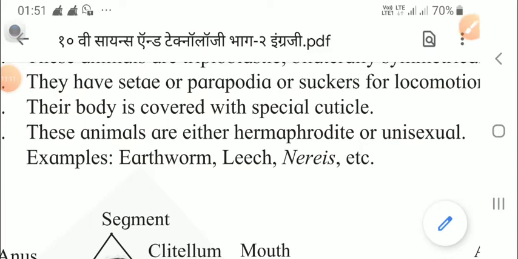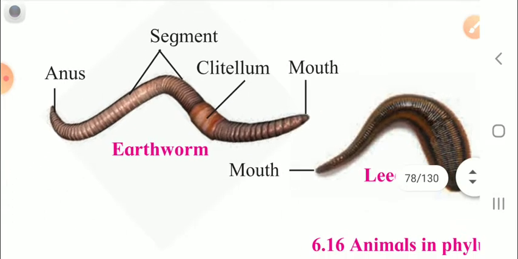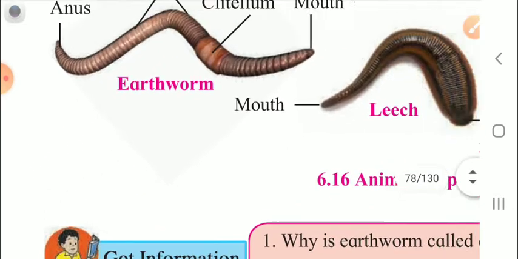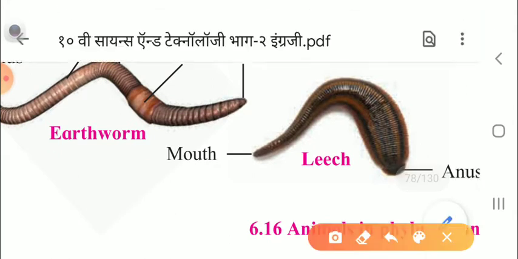Now we will see their diagrams, which types of organisms are there. First of all, we'll see the earthworm here, children. This is the earthworm. It has an opening on the top portion that is called the mouth, and in the last portion it has the anus.